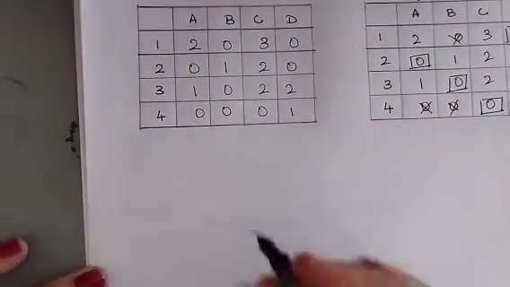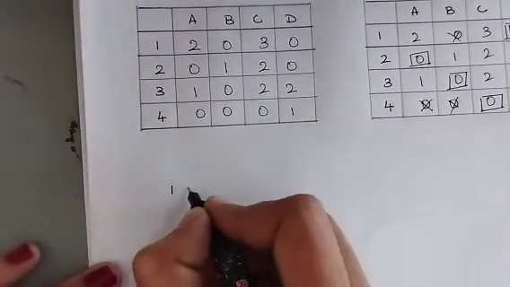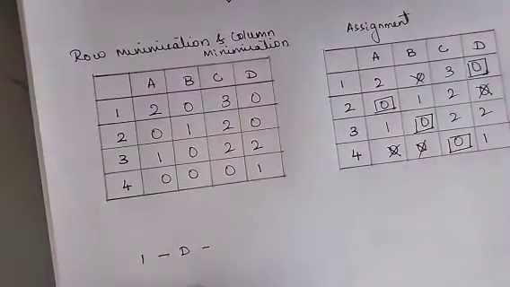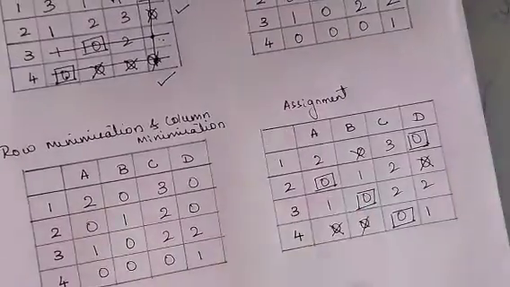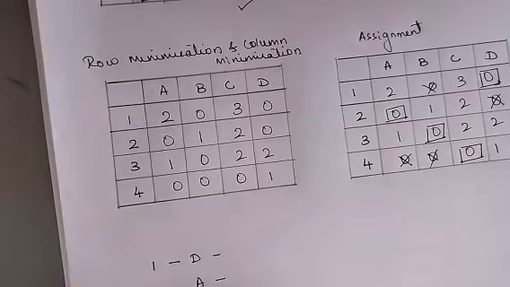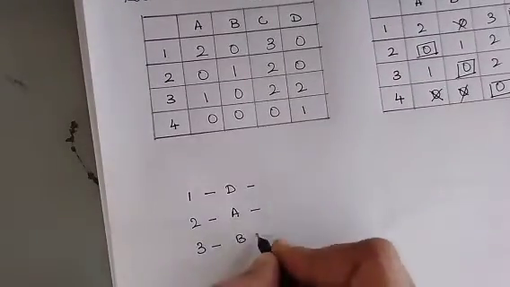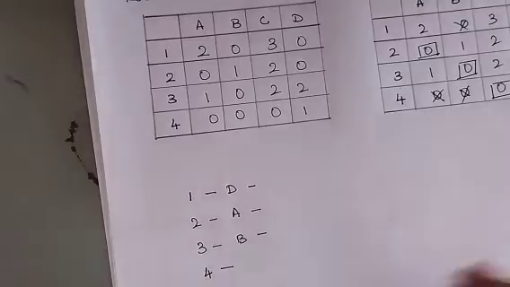Let us see what assignment we have made. 1 is assigned with job D, 2 is assigned with job A, 3 is assigned with job B, and 4 is assigned with C.